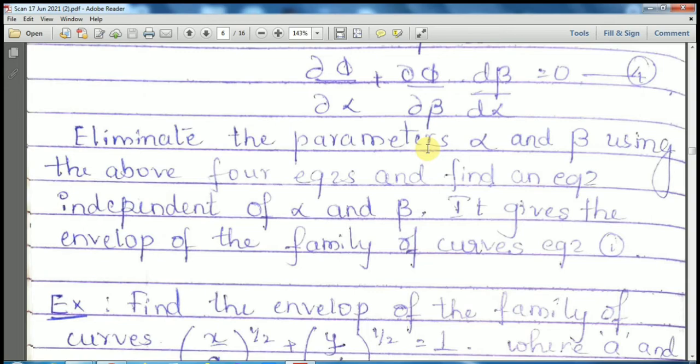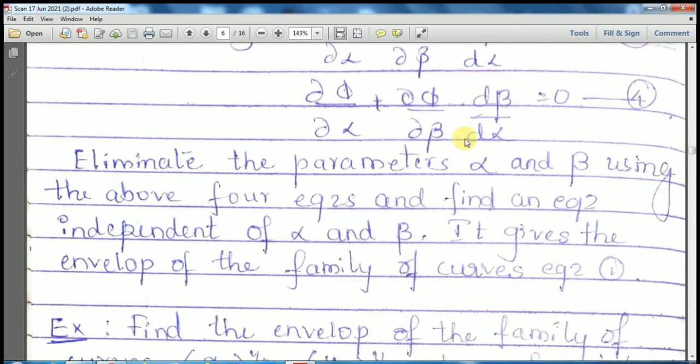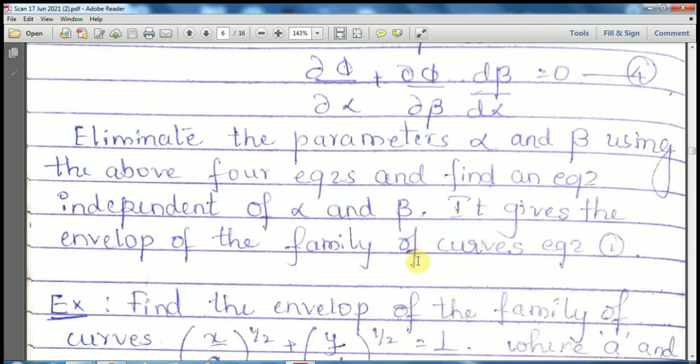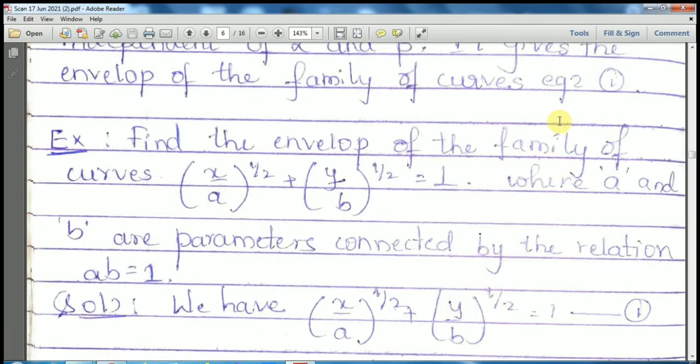As usual, the method goes around the parameters only. That's why we need to eliminate alpha and beta using the four equations that we have obtained by differentiating, that is, the two differentiated equations and the two beginning equations. So it will give the envelope of the family of curves.